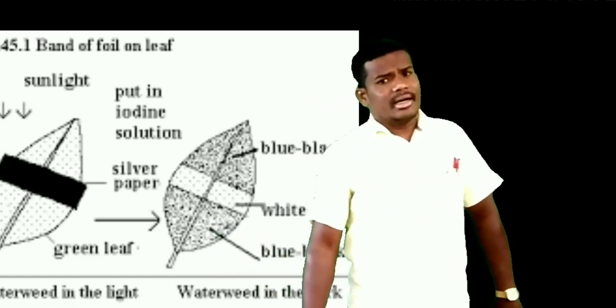Next, after this experiment, there is a topic in the textbook: water and photosynthesis. What is the importance of water in the process of photosynthesis in plants? One experiment proved that water is essential for plants during photosynthesis.